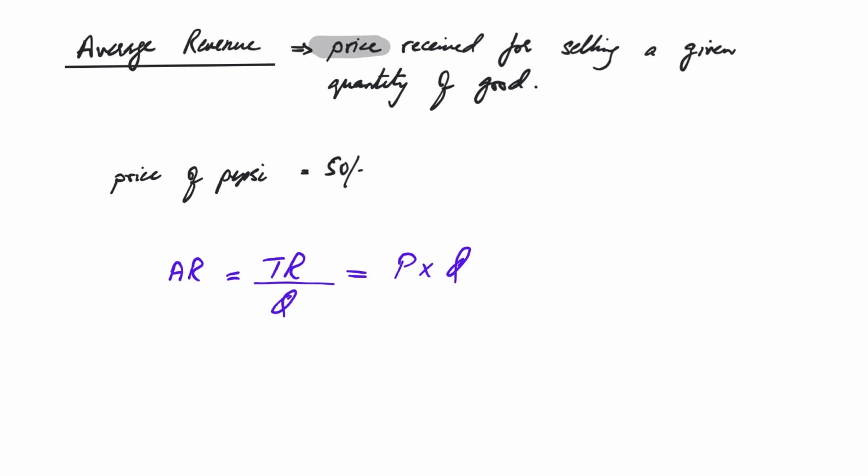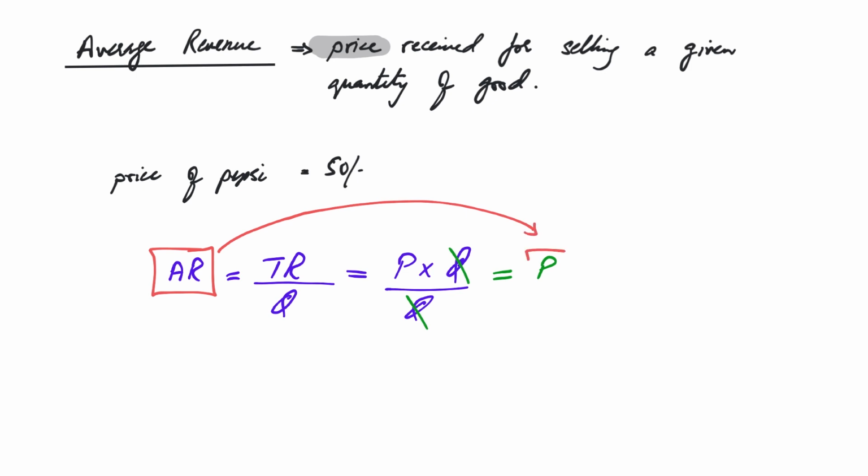That's total revenue. Divide by quantity. Turns out ये quantity और quantity cancel out हो जाएंगे and you're left with price. So average revenue is actually the price. I can always assume that average revenue is equal to price because mathematically we've just proven how the average revenue formula eventually comes to the same result.